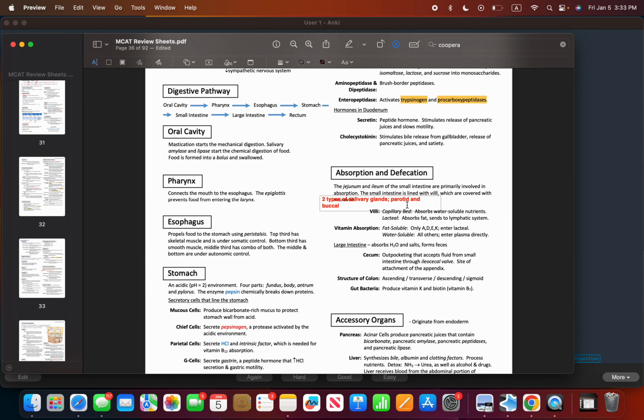So parotid secretes fluid with enzymes breaking down, so it's chemical digestion of carbs, and buccal secretes mucus for protection of the digestive tract, right?